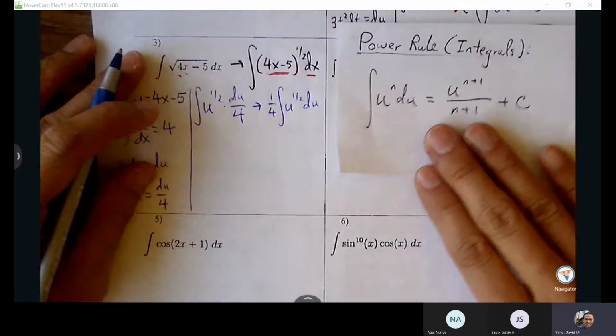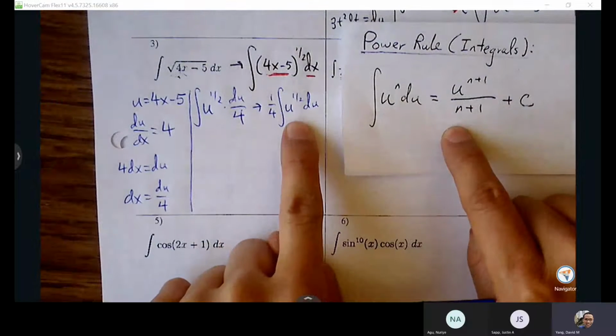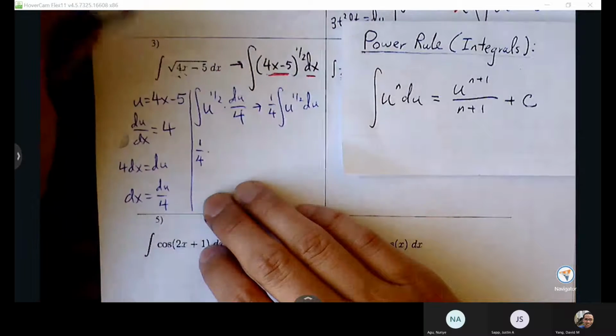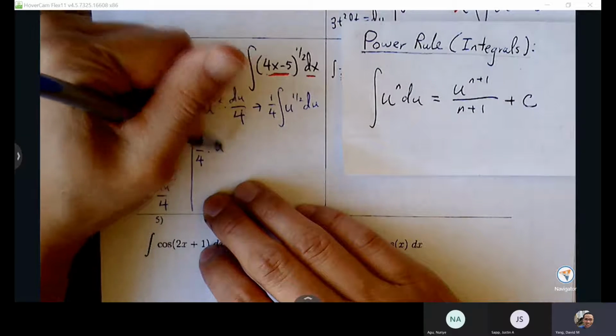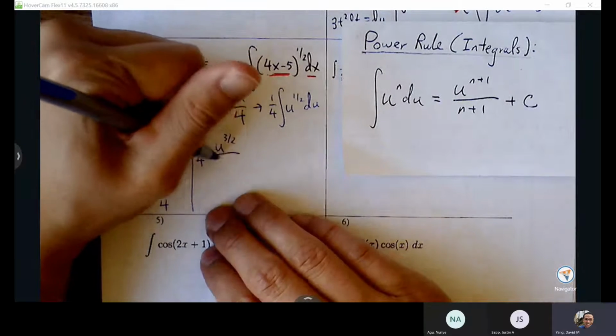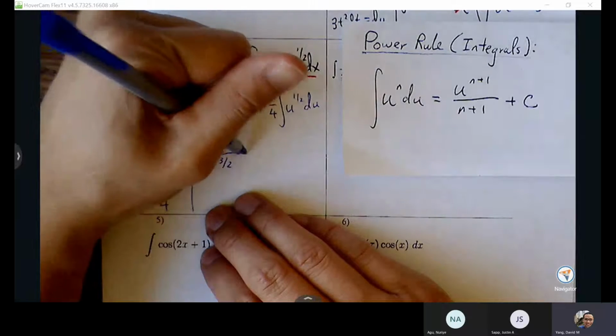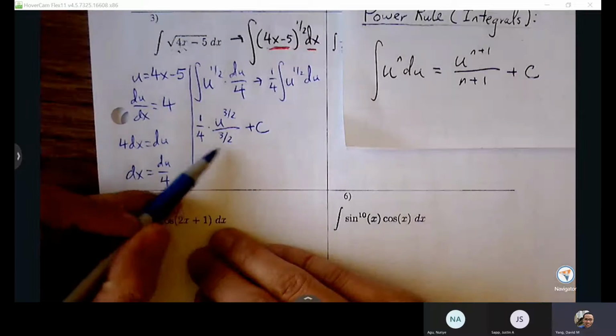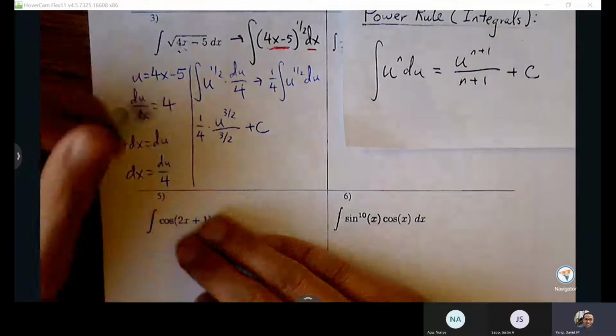And now, perfect match with power rule, right? Add 1 to the exponent, divide by that exponent, and then plus c. Okay, we flip that 3/2 up as 2/3.